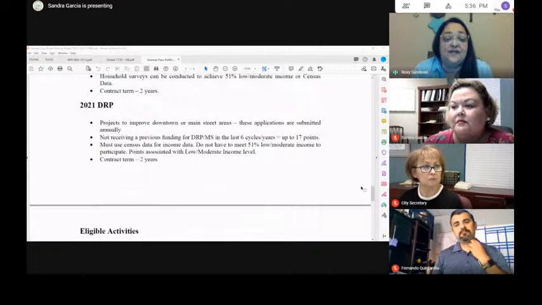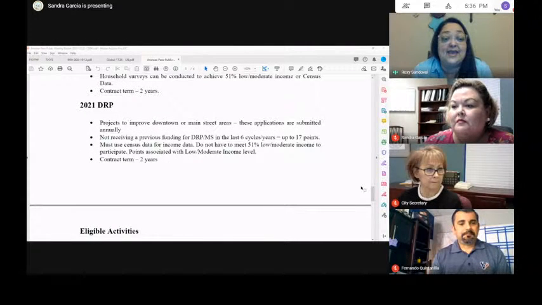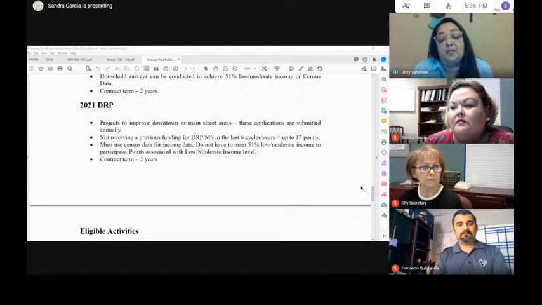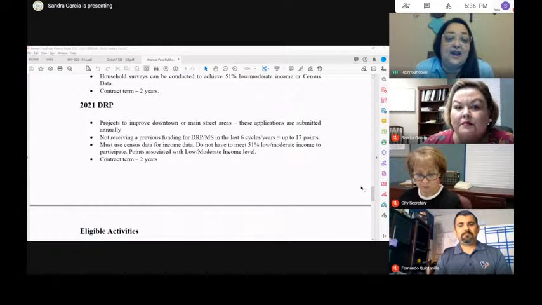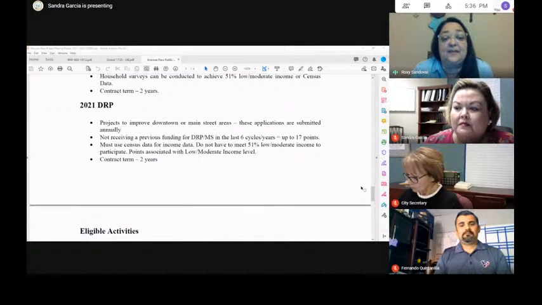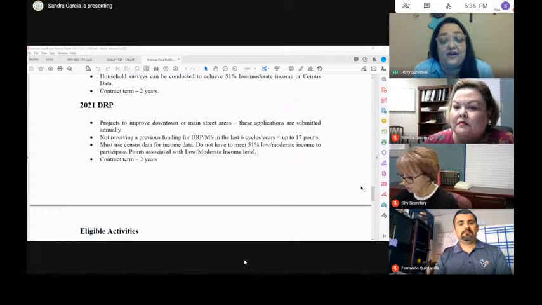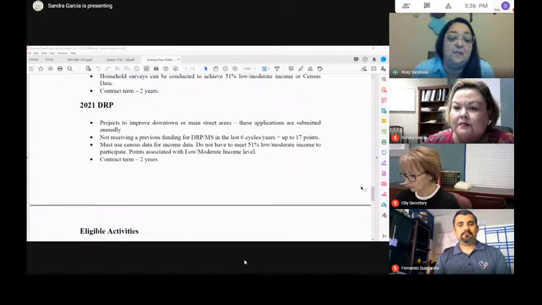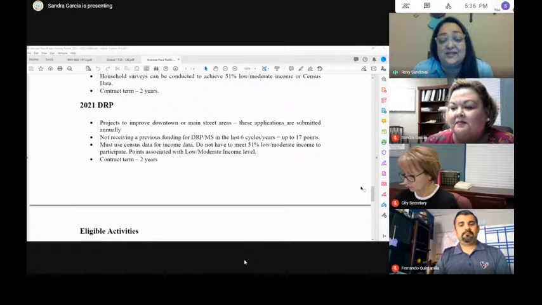For the basics on the 2021 DRP program, these are projects to improve, like I mentioned, downtown and Main Street areas. These applications are submitted annually. So this program is open every year to cities, and mostly cities, but I'm not sure if any counties have applied here. Not receiving previous funds in the last 6 cycles is very important because you can get up to 17 points.